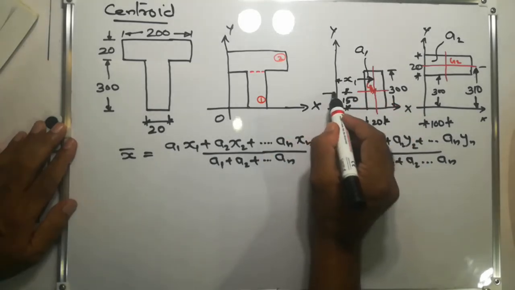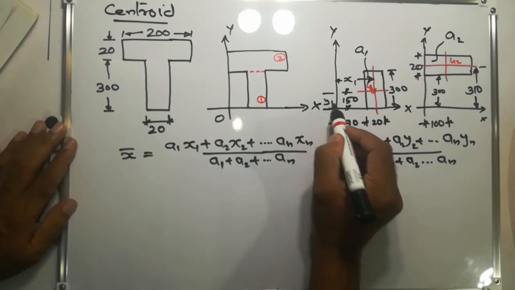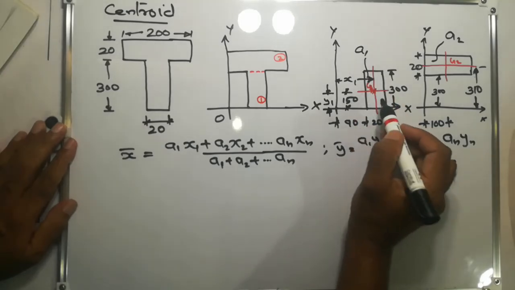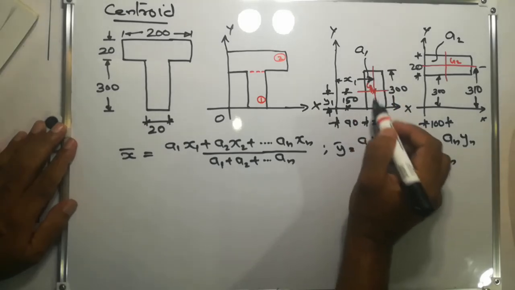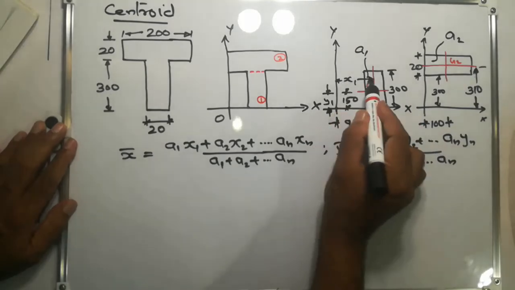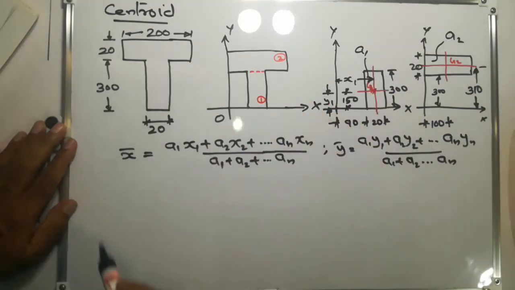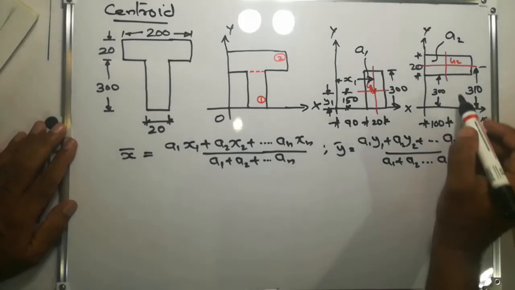Similarly, this is y1, that means the perpendicular distance of the centroid of this first rectangle from the x-axis. And what will be x2?